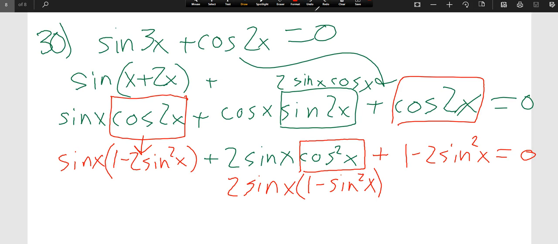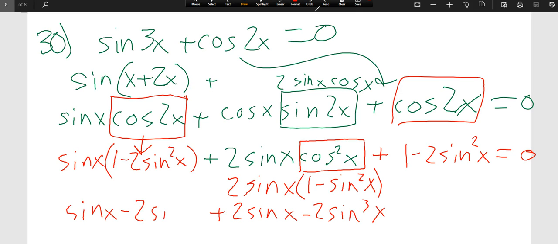I do understand that. For instance, if I distributed that, that would be 2 sine x minus 2 sine cubed x. Over here, sine x minus 2 sine cubed x. You start seeing like terms, and then you got your 1 and your minus 2 sine squared x.